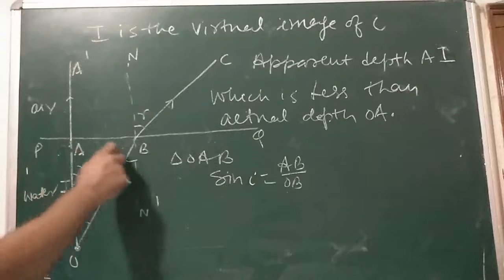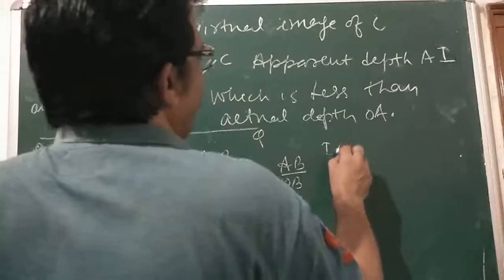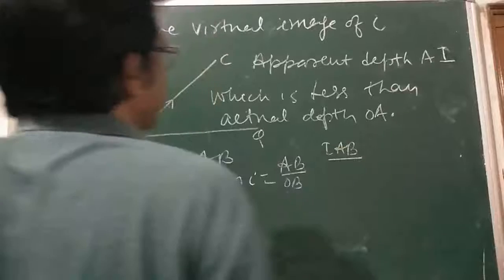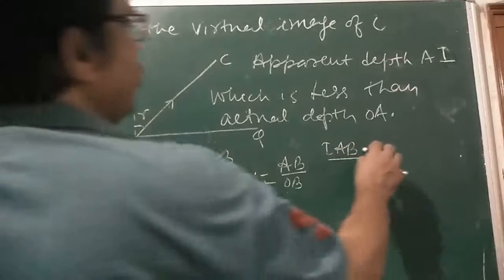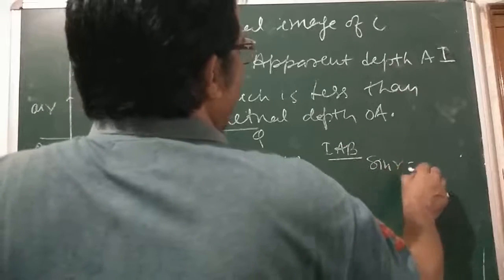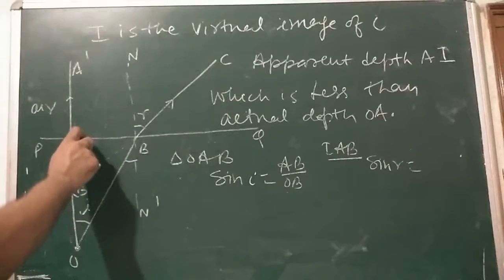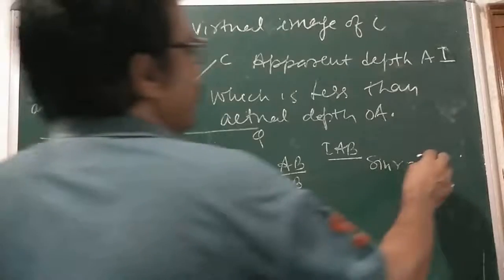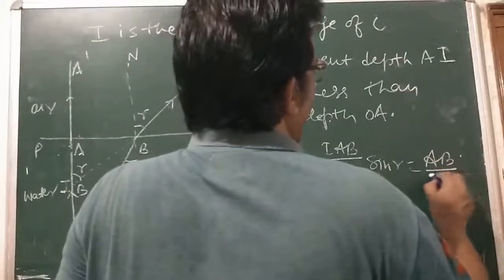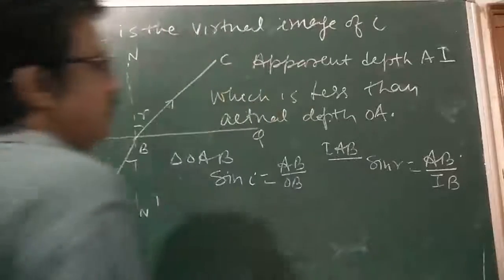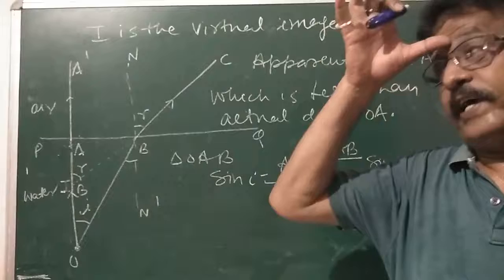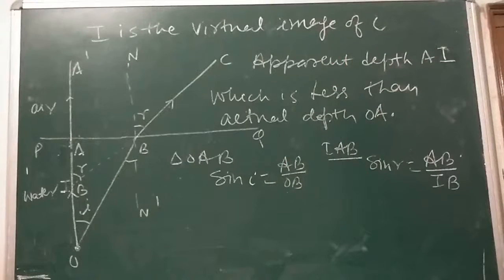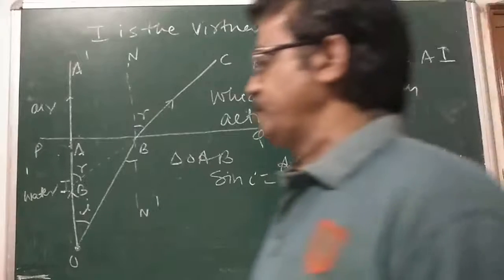In a triangle IAB, again I can write sin of R. Sin of R is equal to, again, normal AB upon hypotenuse IB. AB upon IB. Is it clear? Any doubt? We know very well sin theta is equal to perpendicular upon hypotenuse. So I can write this.